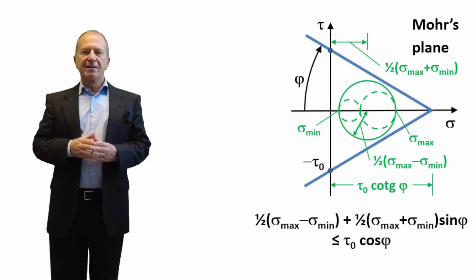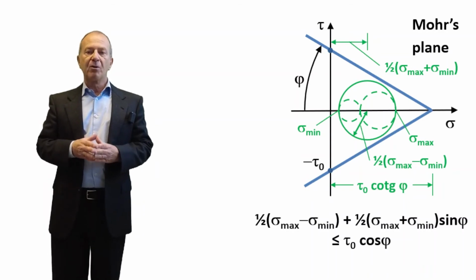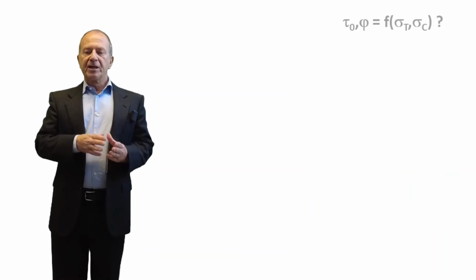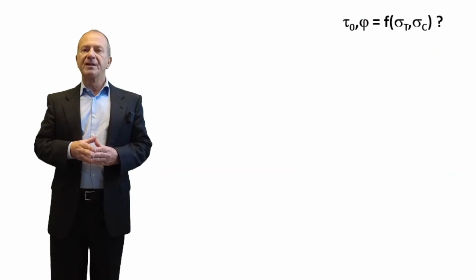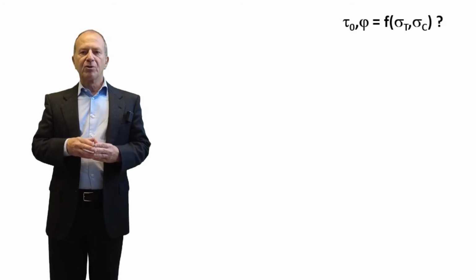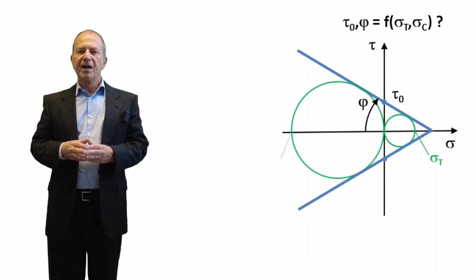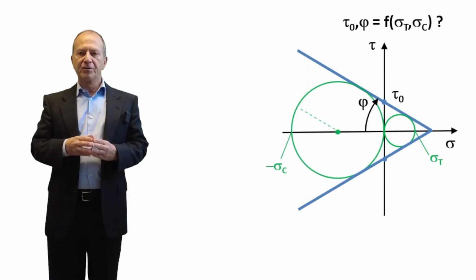Let us rewrite this criterion in terms of allowable tensile and compressive stresses sigma t and sigma c. We must express cohesion and friction angle in terms of these stresses. To do this, let us draw the Mohr circles that correspond to simple tension or simple compression and are tangent to the boundary of the domain.